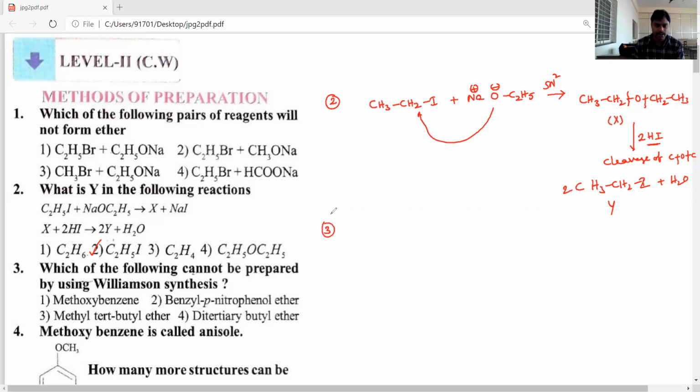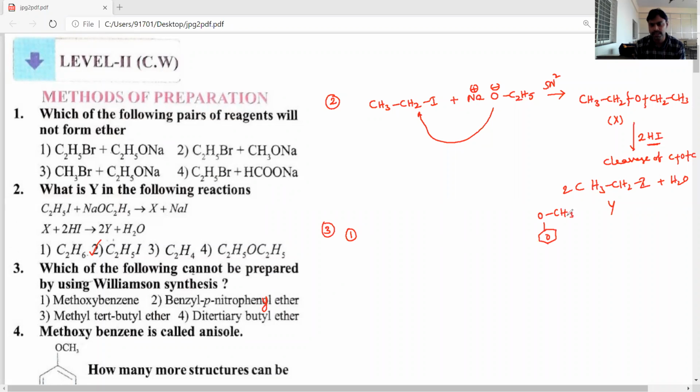Which of the following cannot be prepared by using Williamson ether synthesis? The first one is methoxybenzene, which is nothing but anisole. I will write the product formula directly. What are the suitable reactants we need to choose?